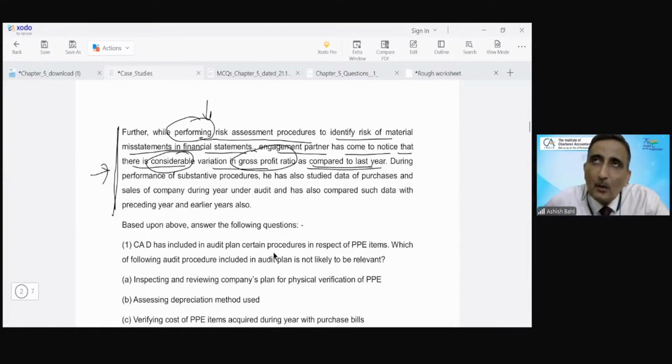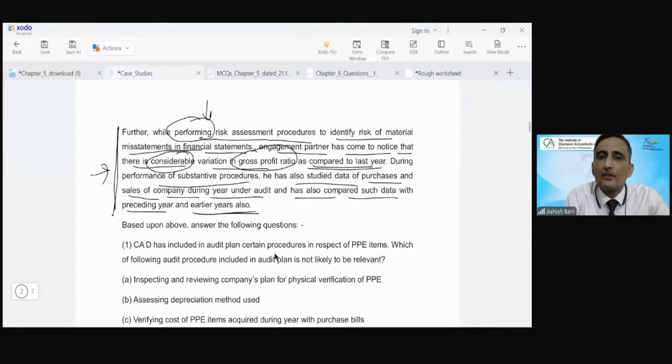Now, during performance of substantive procedures, he has also studied data of purchases and sales of the company during the year under audit and has also compared such data with the preceding year and earlier years. This aspect he has also done.